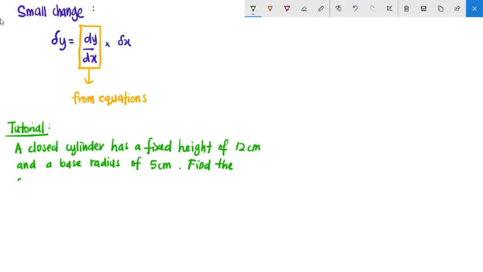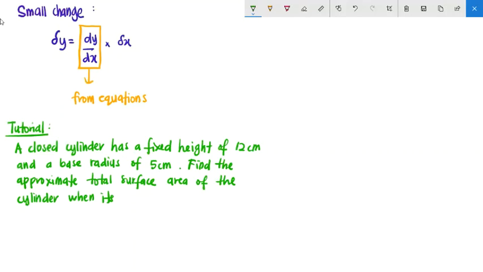Find the approximate... base radius is 4.92 cm. Okay.